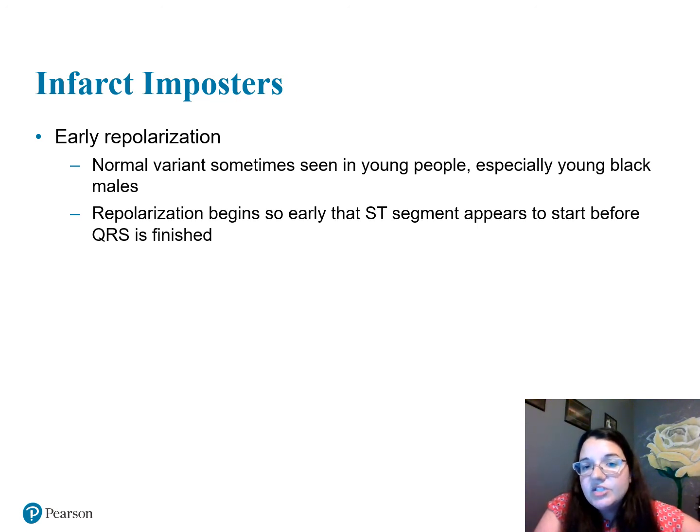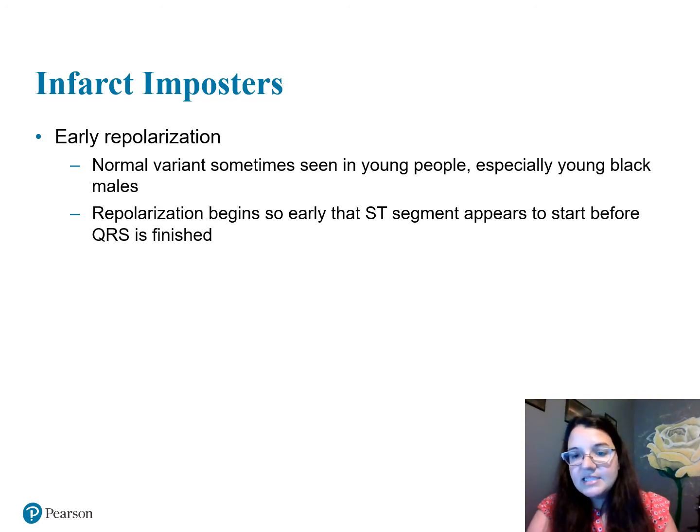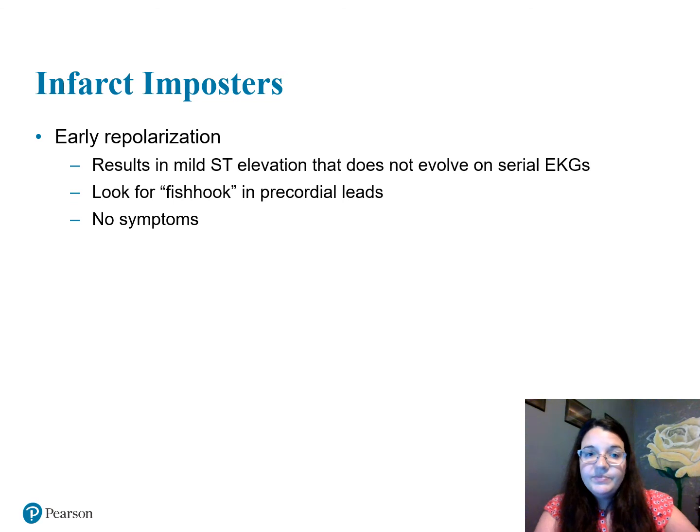Repolarization begins so early that the ST segment appears to start before the QRS is finished. So basically that segment is on top of my QRS, just like last class in chapter 13, we talked about the T wave being on top of the QRS.